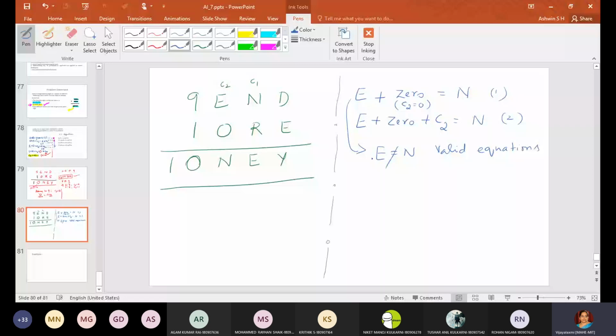That means C2 is not 0. C2 has to be 1. Is this part clear? Yes, ma'am. Okay, fine. If C2 is 1, then E plus 0 plus 1, E plus 1 is equal to N. This I'll write as equation number 3.